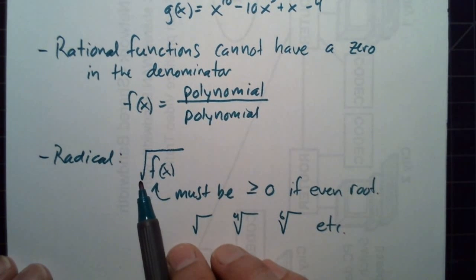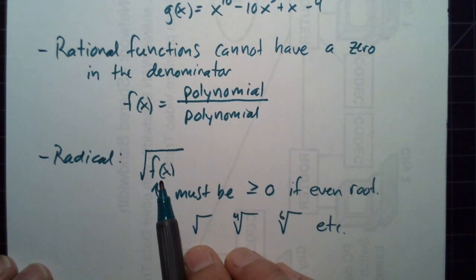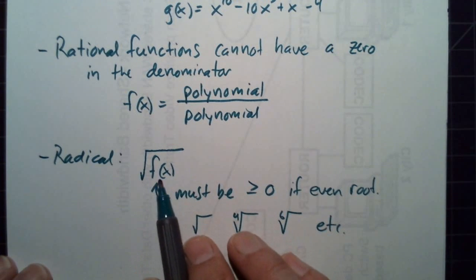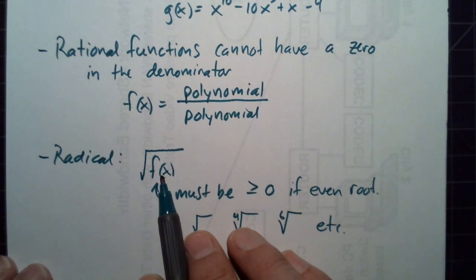So here's a radical, square root of some function, and we know that this cannot be negative, or else we'll have an imaginary number.